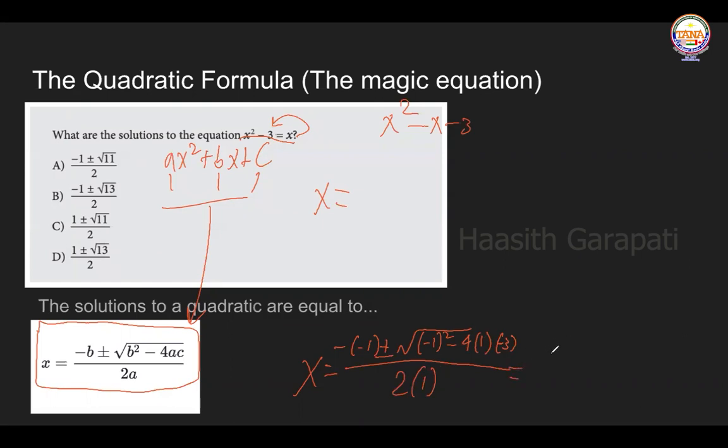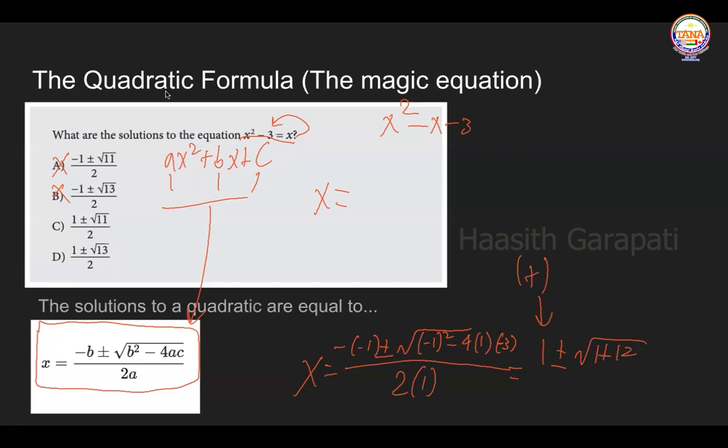And this is equal to 1 plus or minus. Okay, we know this is a positive 1. Therefore, we can eliminate A and B since they're negative ones. Plus or minus 1 plus 12. Remember, this is a negative over there.